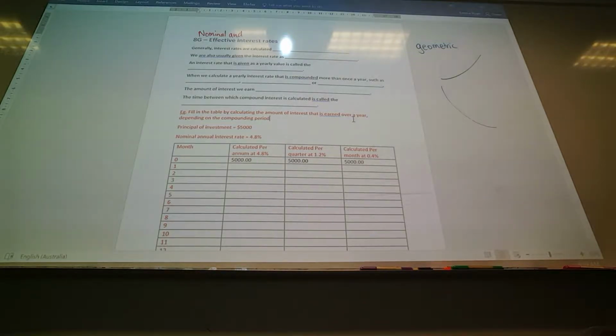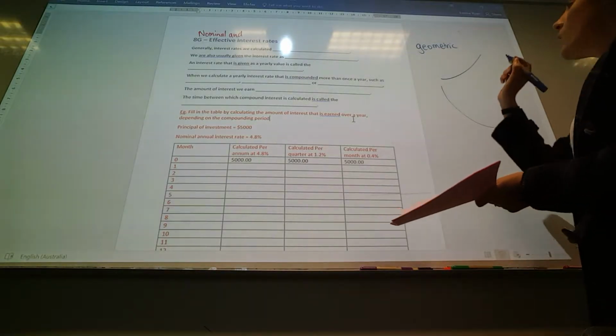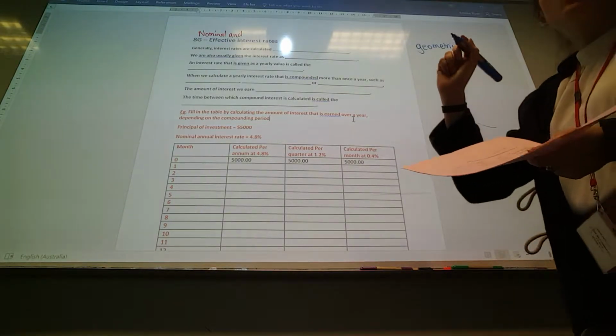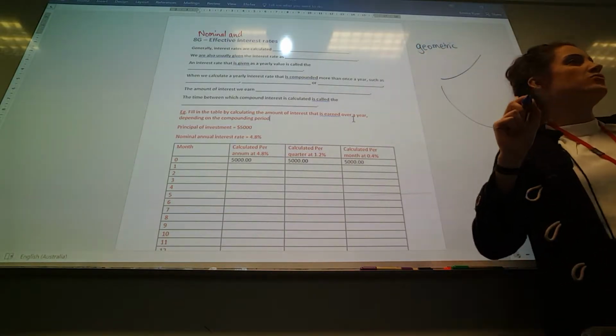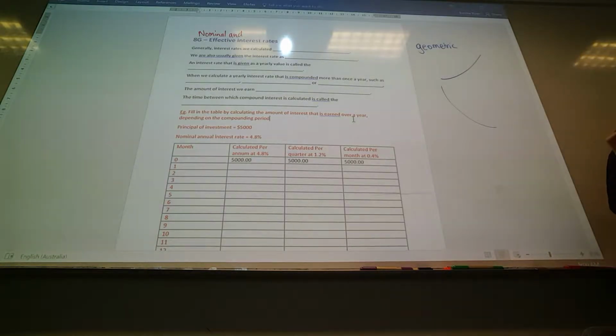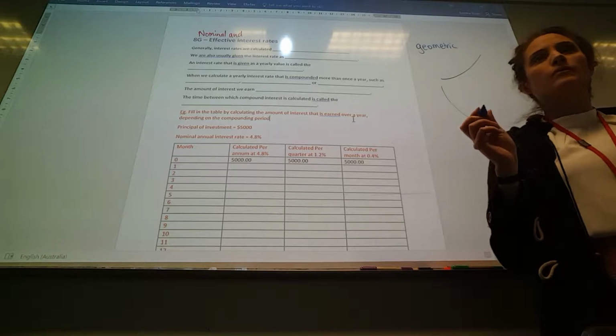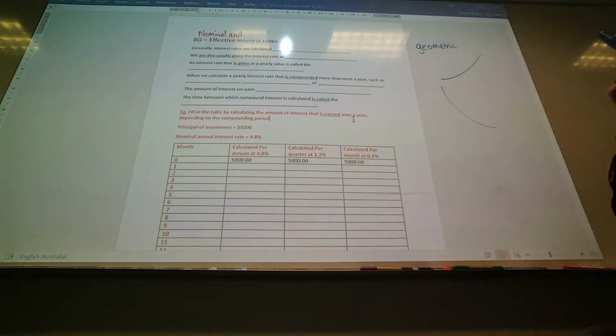Cool. Okay, so when we are calculating compound interest, what's the difference between compound and simple when we calculate them? Like, you've got earned interest, and then it's compounded from that.